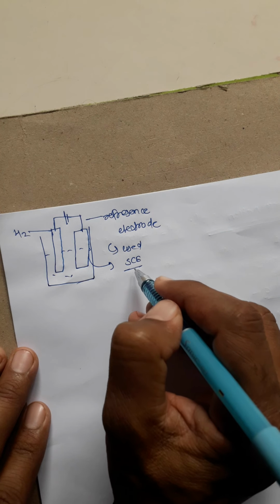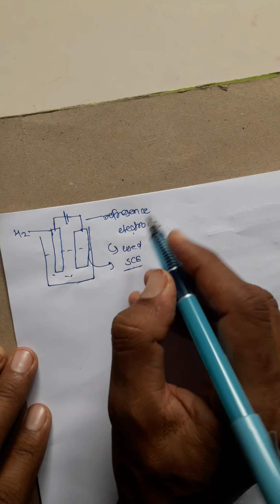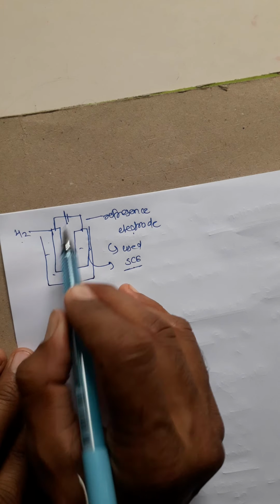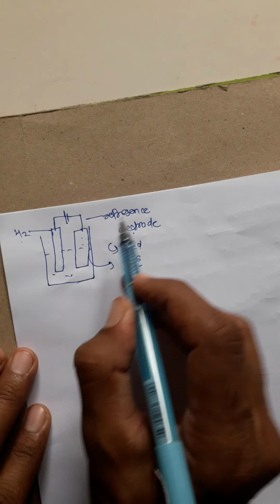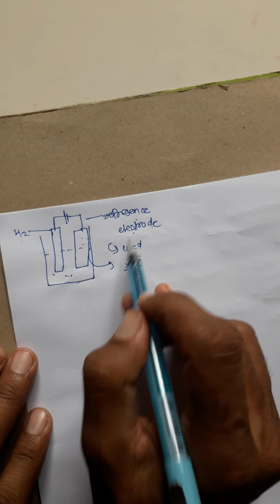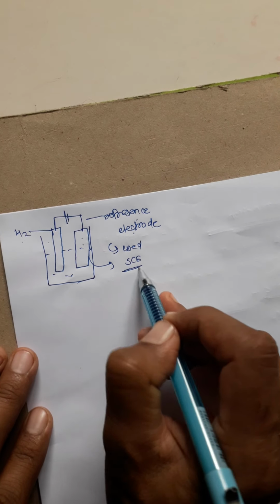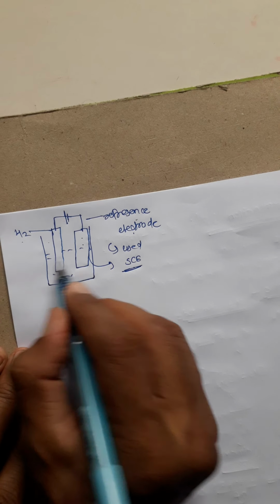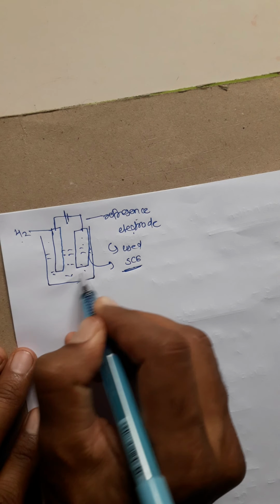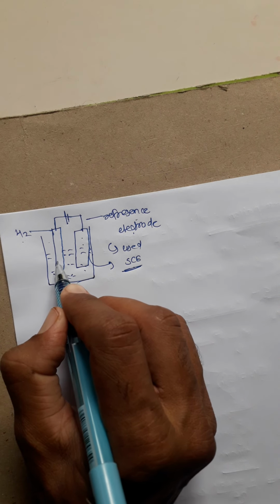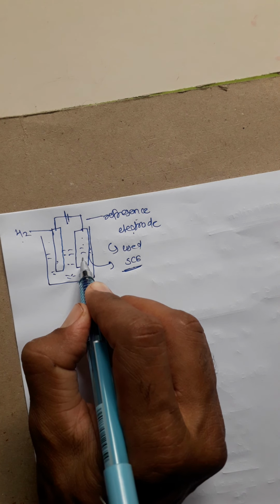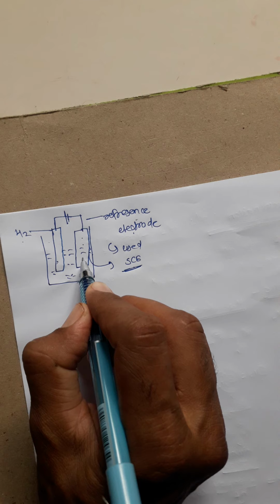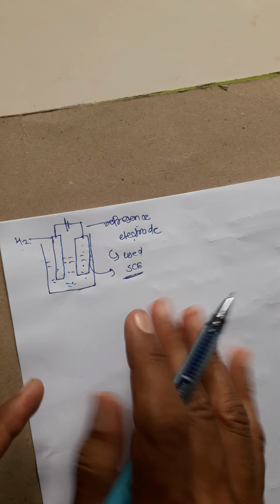That is why the hydrogen electrode is coupled with another half cell, called the reference electrode or saturated calomel electrode, to form the complete cell. Then we calculate the EMF of the hydrogen electrode using this complete cell.